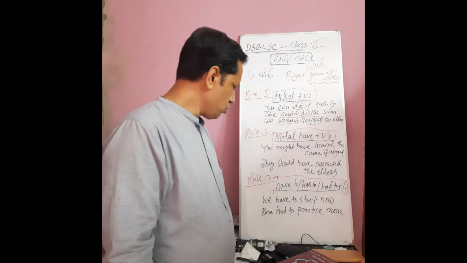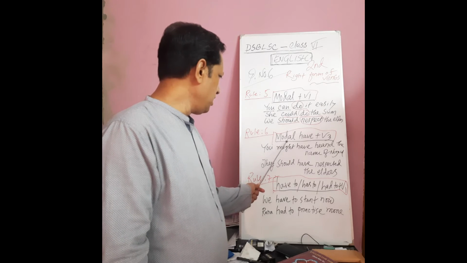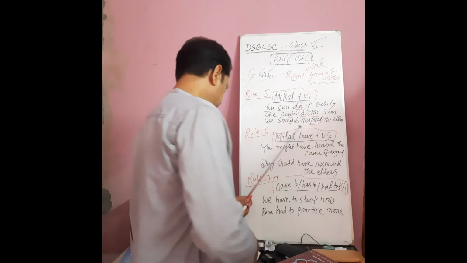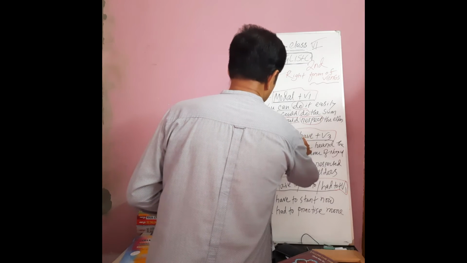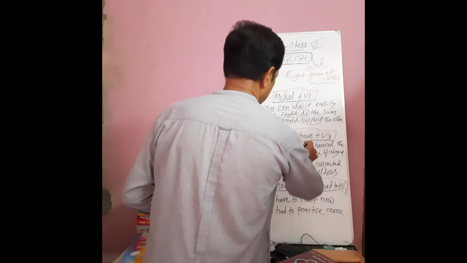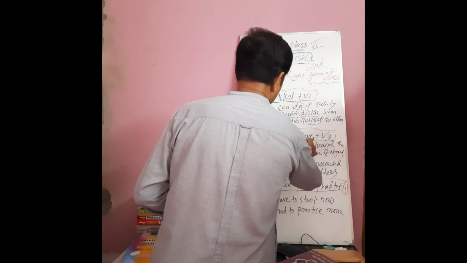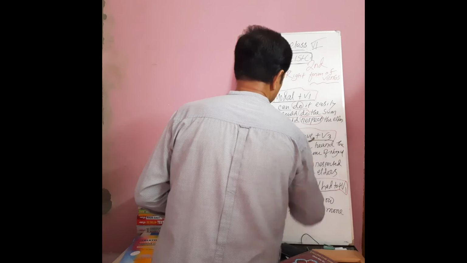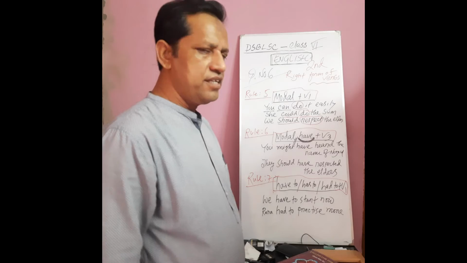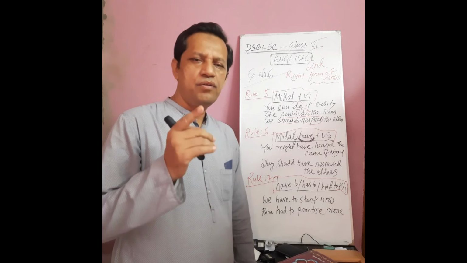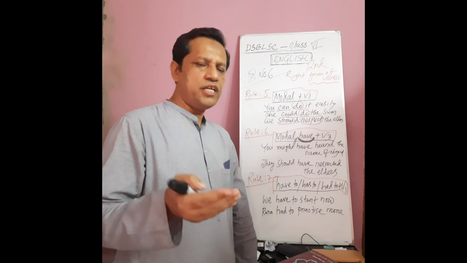Now rule number 6. Modal have. Here there is a modal verb and also you will have to say have. Actually modal have, I think, should have, might have, shall have, will have, this type of modal verbs.